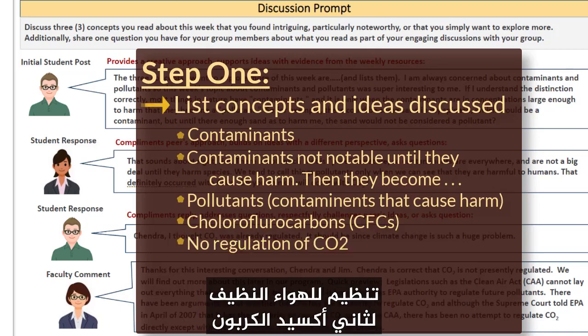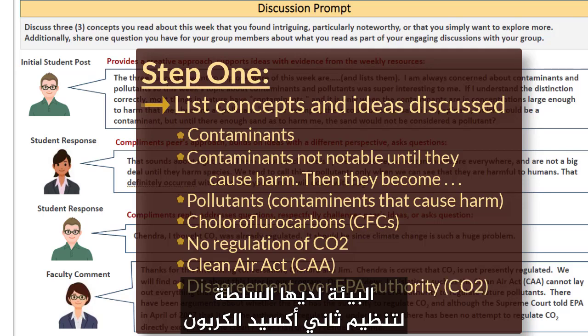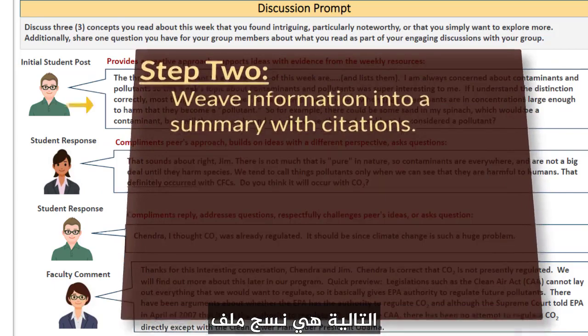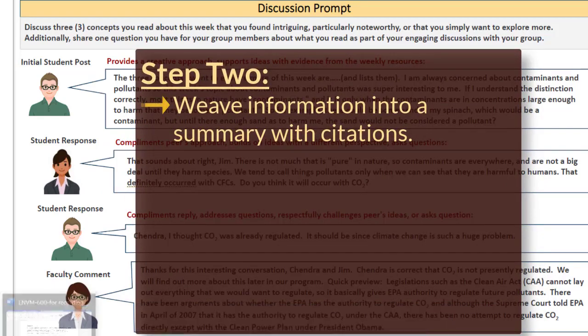No regulation of CO2. Clean Air Act, CAA. Disagreements about whether EPA has authority to regulate CO2. Clean Power Plan. After you've identified the key concepts and their sources of information, your next step is to weave the information into a coherent summary for the audience.